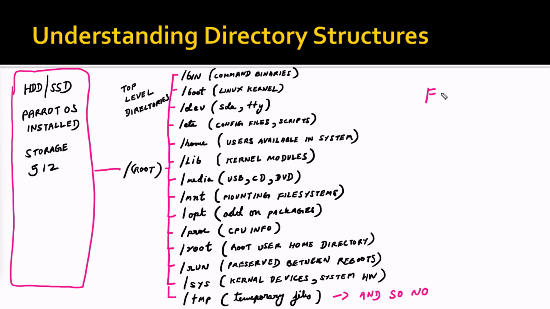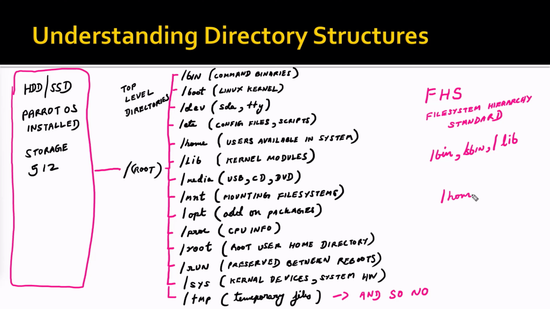So the key points that you need to remember: the Linux file system hierarchy adheres to the file system hierarchy standard, which is also known as the FHS, which ensures consistency across distributions. System directories /bin, /sbin, /lib are used for essential system files needed for booting and basic operations.